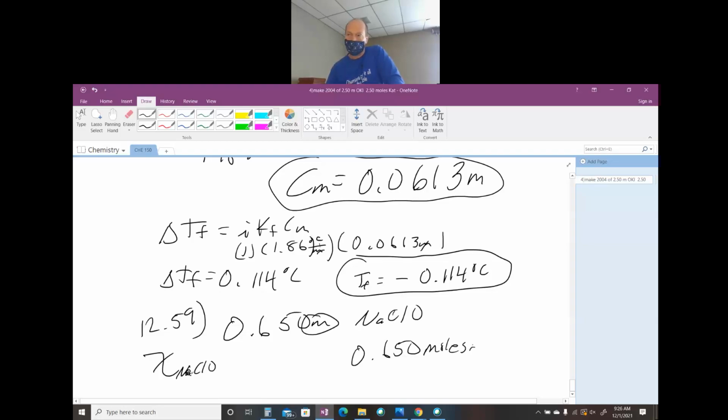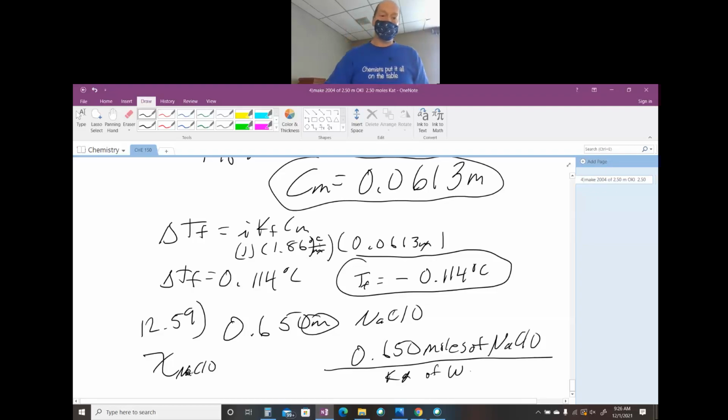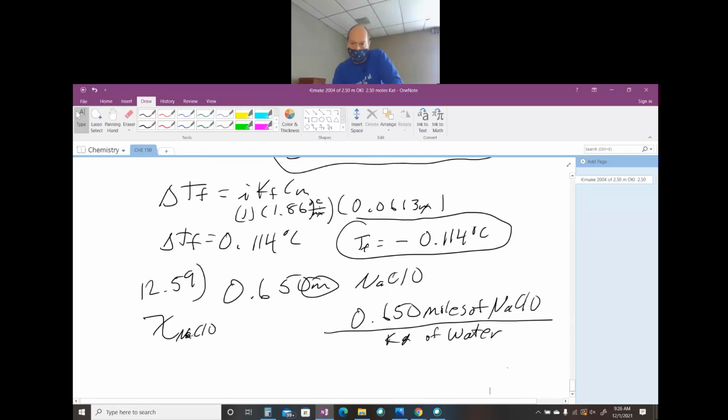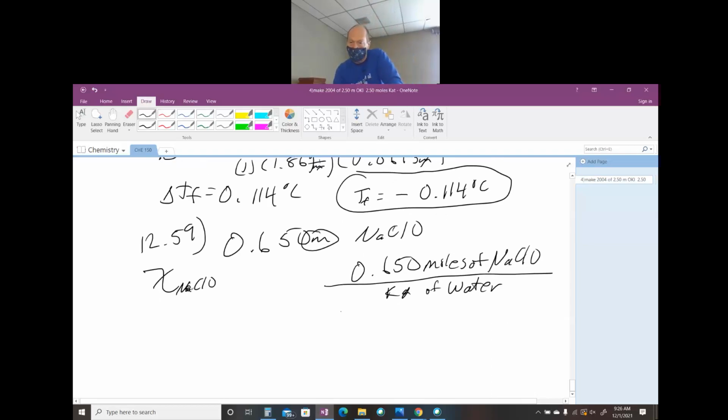Right, in this case, the solute is NaClO, divided by, which in this case is water. All right, so we have kilograms of water. So again, there's no number. It's understood that it is 1 there, 0.650 moles per 1 kilogram of water.